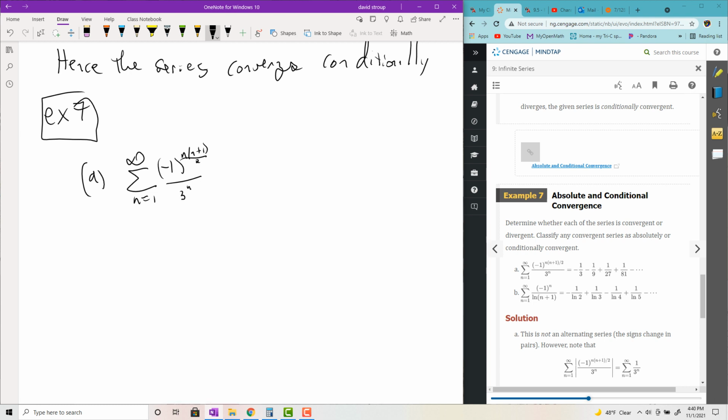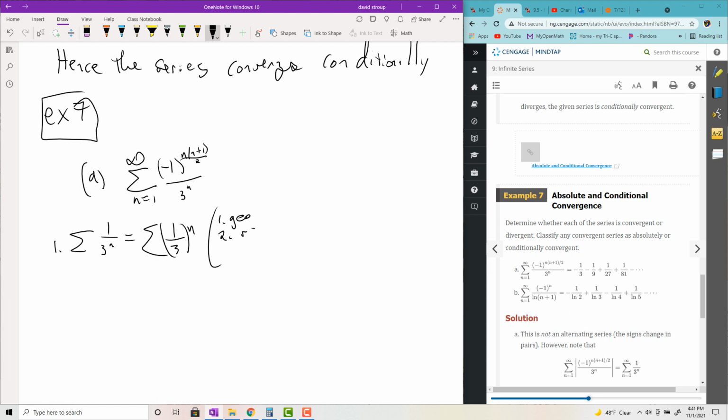Anyways, so number 1, first we look at the series with the absolute value. Taking the absolute value, we just have 1 over 3 to the n. And that's clearly a geometric. Okay, so first it's geometric.